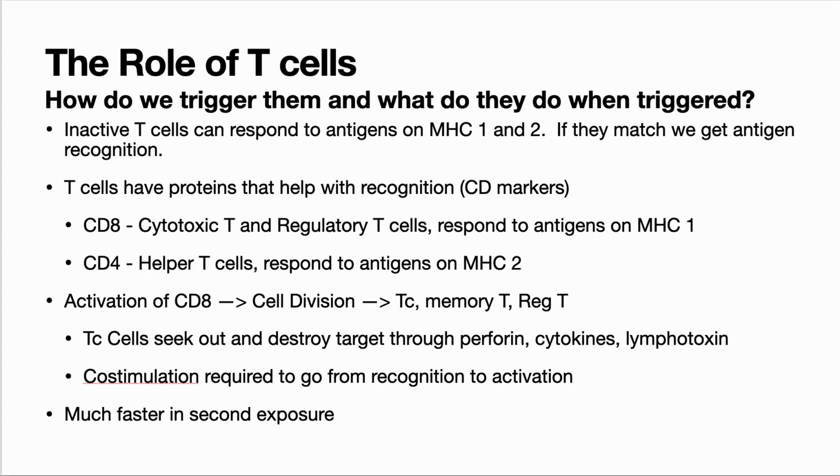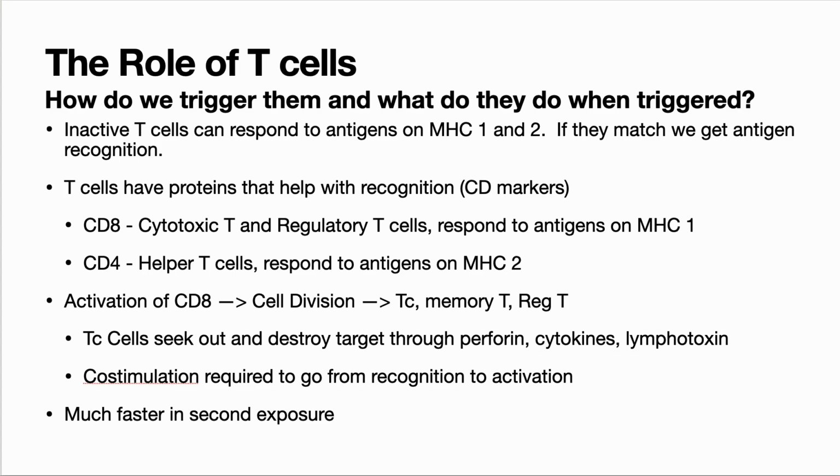Okay, so how do we specifically activate T cells? So how do we trigger them, and what do they do once they're triggered? Well, first and foremost, inactive T cells can respond to antigens on both MHC1 and 2. So T cells are capable of responding to antigens that are presented to them by regular old infected cells.